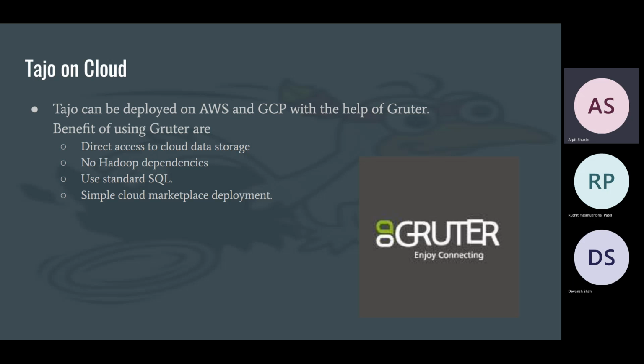So the benefits of using Tajo on cloud using Grutter are that we get direct access to cloud data storage, so we don't need to do any manual setups or process or anything. We can directly access the cloud data storage for Tajo. Then there are no Hadoop dependencies, so we can use a pre-configured and stress-tested cloud environment.